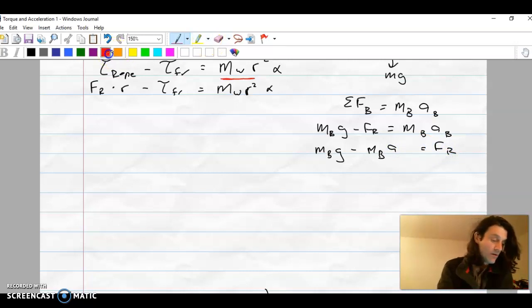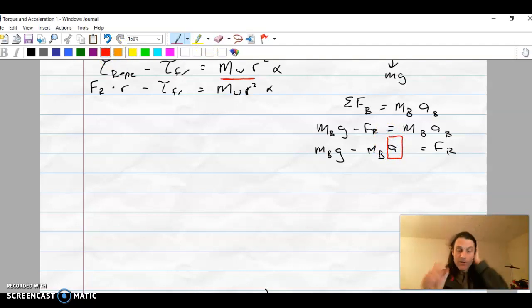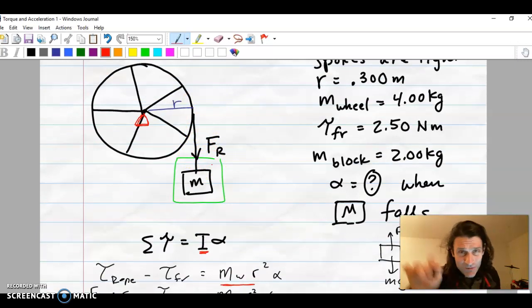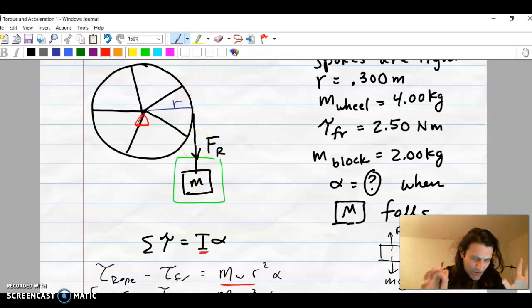Now, here's one other thing I would like for you to remember. The reason I made a point to say that that acceleration is tangent: it's the linear acceleration of the block that is tangent to the circle, okay? It's going this way. It's tangent to the circle, which means it's a linear tangential acceleration that is a radius away from where it's rotating around.